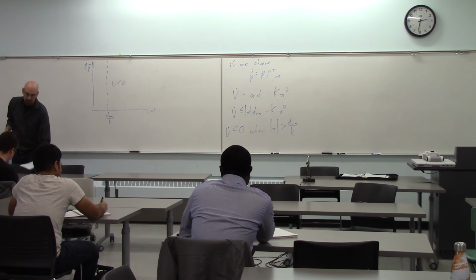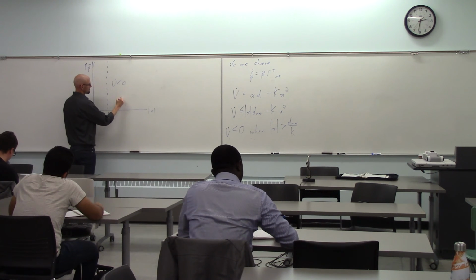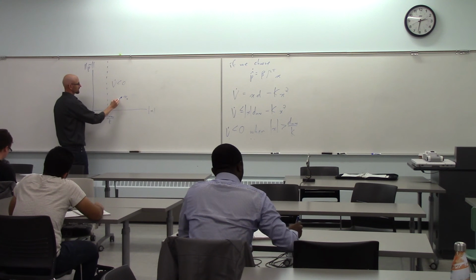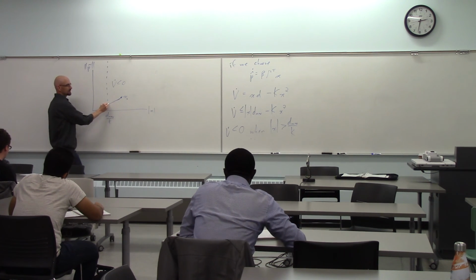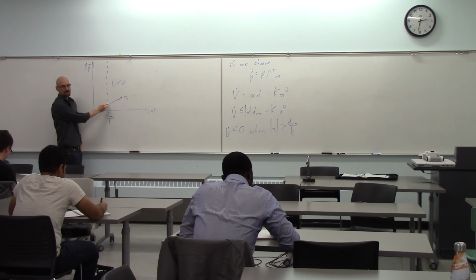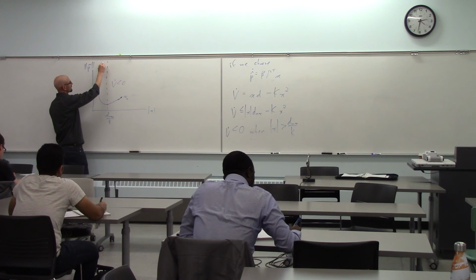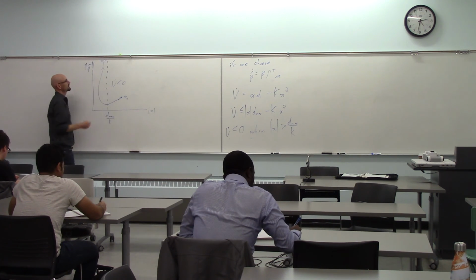Okay. So what happens here is I have an initial condition, and V dot is less than 0, so I will go downhill initially. But then I hit this region where I no longer have V dot being less than 0, and I can go off to infinity.